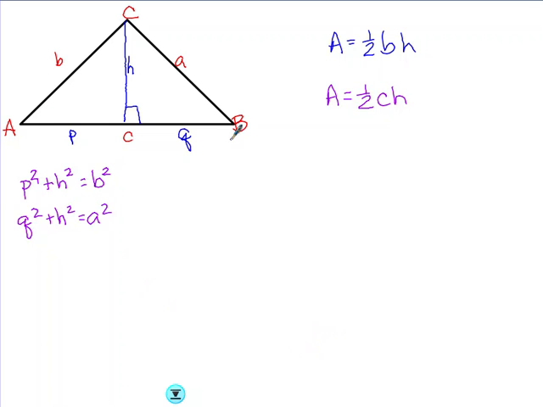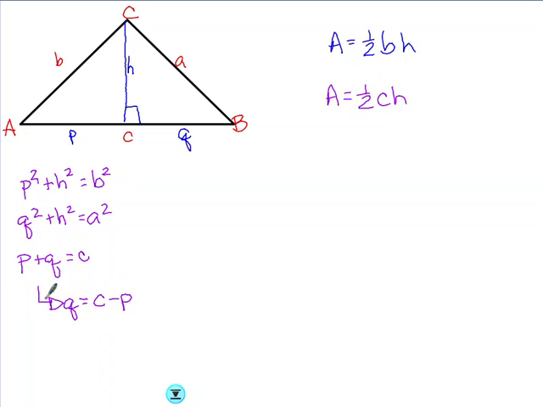I also know that P plus Q equals C. And I'm going to go ahead and solve this for Q so that I have Q equals C minus P. And I'm going to use these formulas to help solve for H.